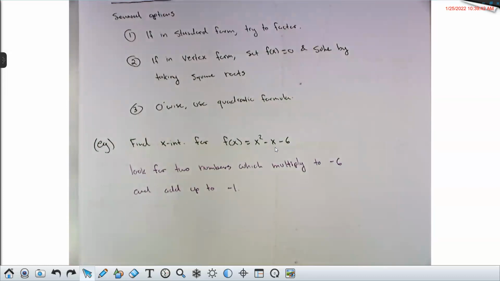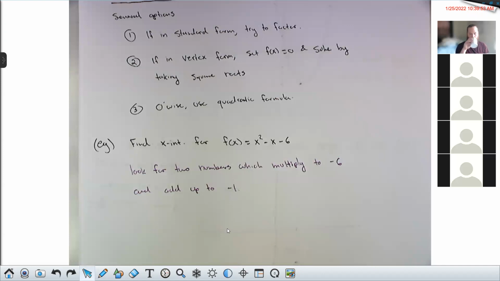So can I think of two numbers so that when I multiply them, you get -6, and when you add them, you get -1? Anybody help me with those? -3 and +2.